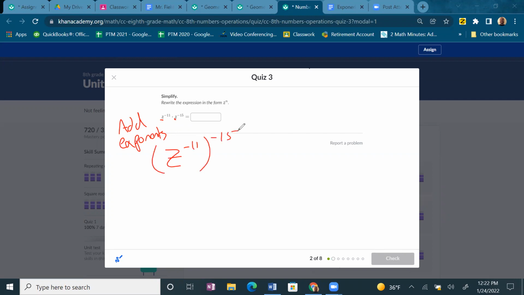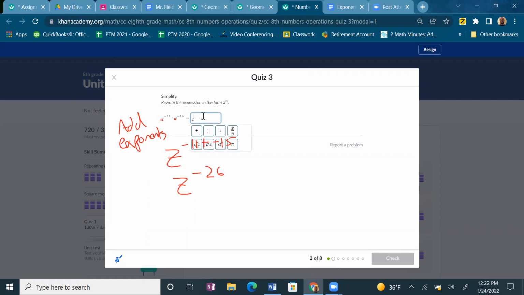Oh, why did I just do that? Okay, scratch that. I was thinking about the other rule. All right, so we're going to add those exponents together. Negative 11 plus negative 15 is negative 26. So the answer is z to the negative 26.